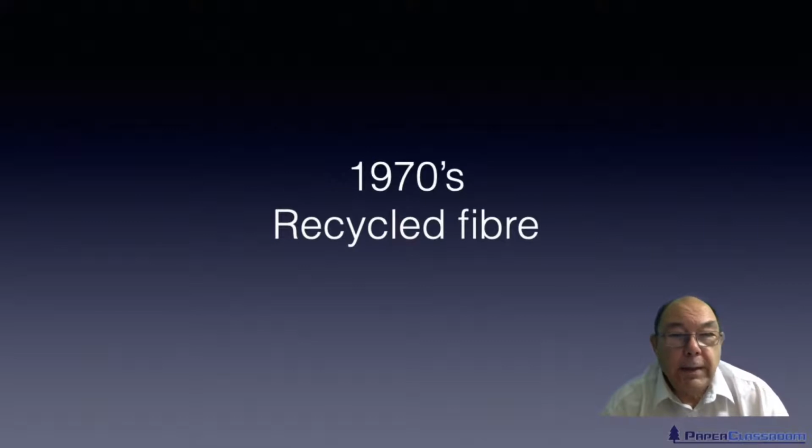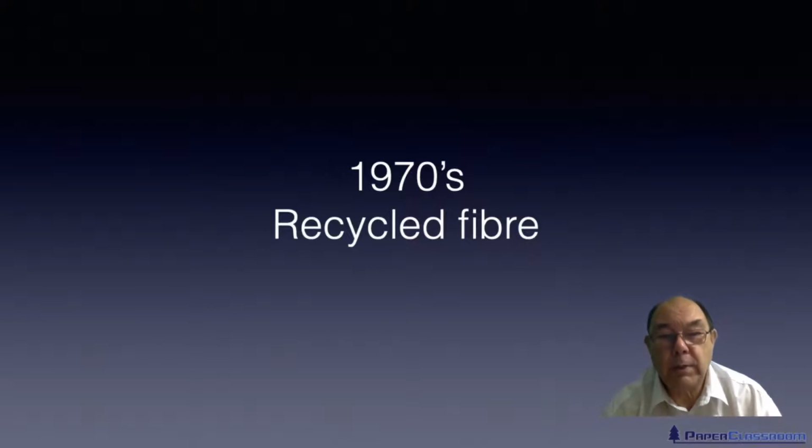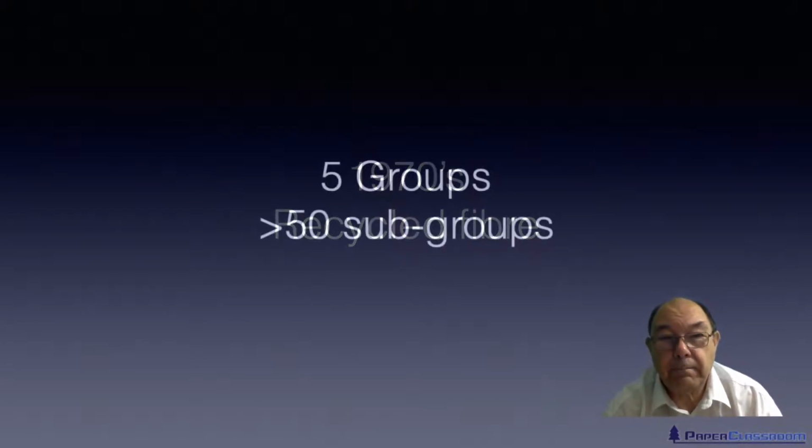If we move forward to the 1970s now, we've found a new source of raw material, and that is recycled fibre. Just like Matthias Koops suggested, just like the Japanese suggested. But now this has become really big business. Globally, it's really big business. And it's environmentally friendly.